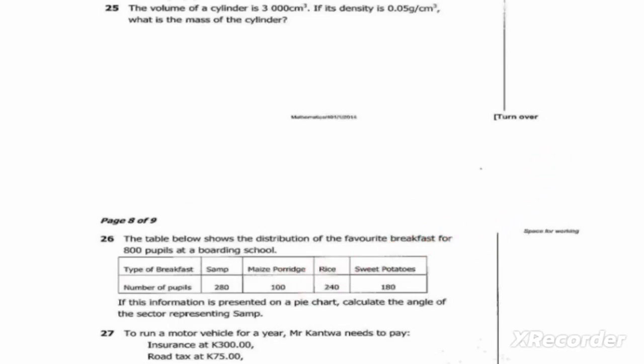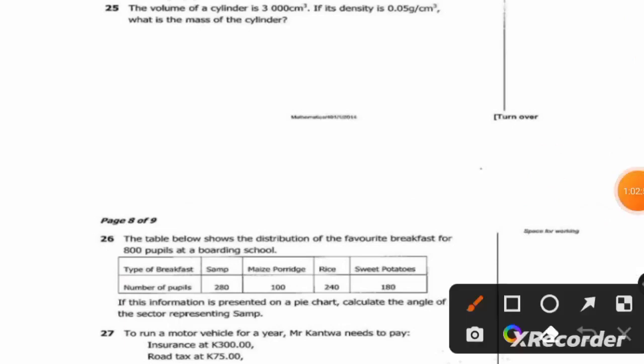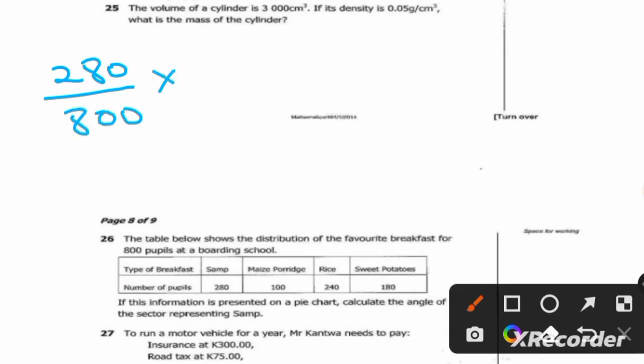Okay, so the number of pupils who like samp is 280 over the total number, which is 800, times 360 degrees.